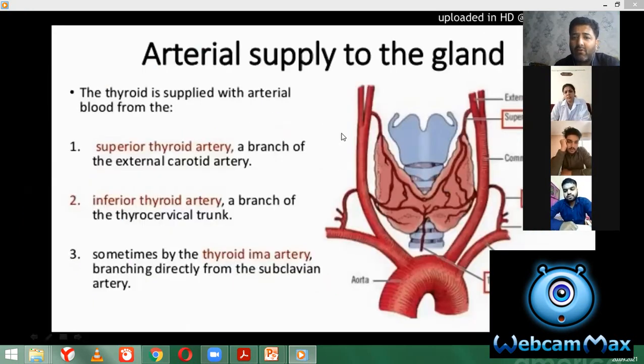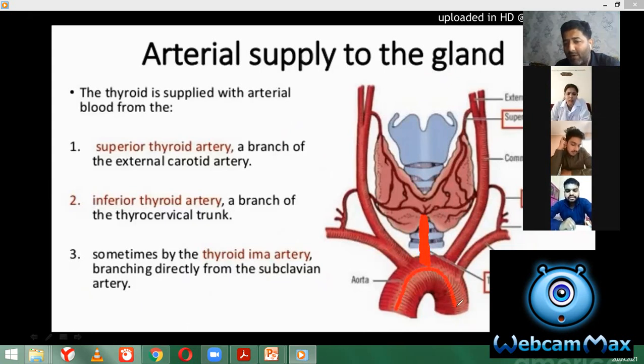After that, see: the superior thyroid artery comes out from the external carotid artery, the inferior thyroid artery comes out from the thyrocervical trunk, and sometimes the thyroidea ima artery. Here, this is showing the thyroidea ima artery, which comes out directly from the arch of aorta.